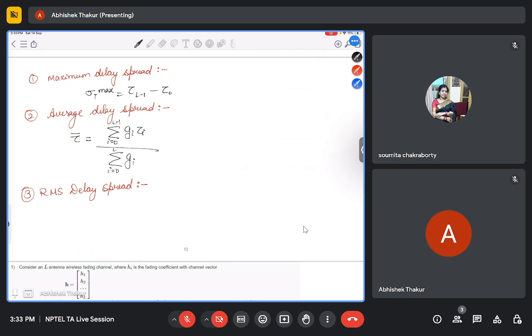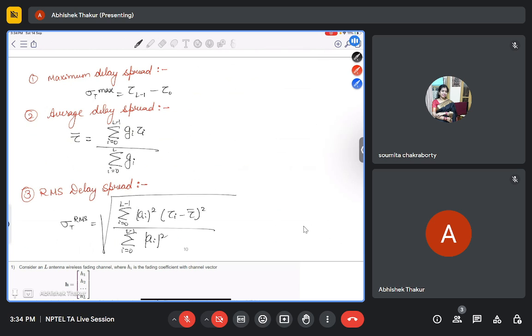So this is given as, so this is the formula of the root mean square delay spread.